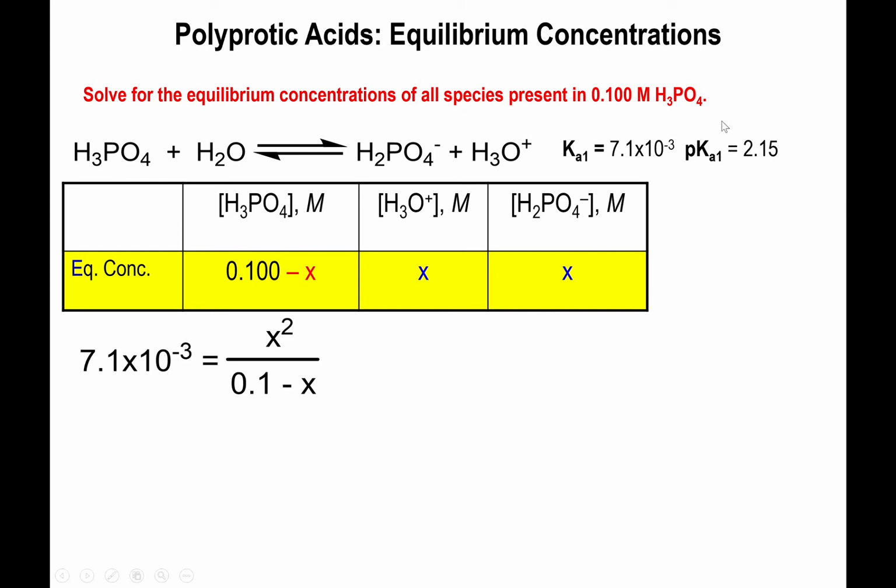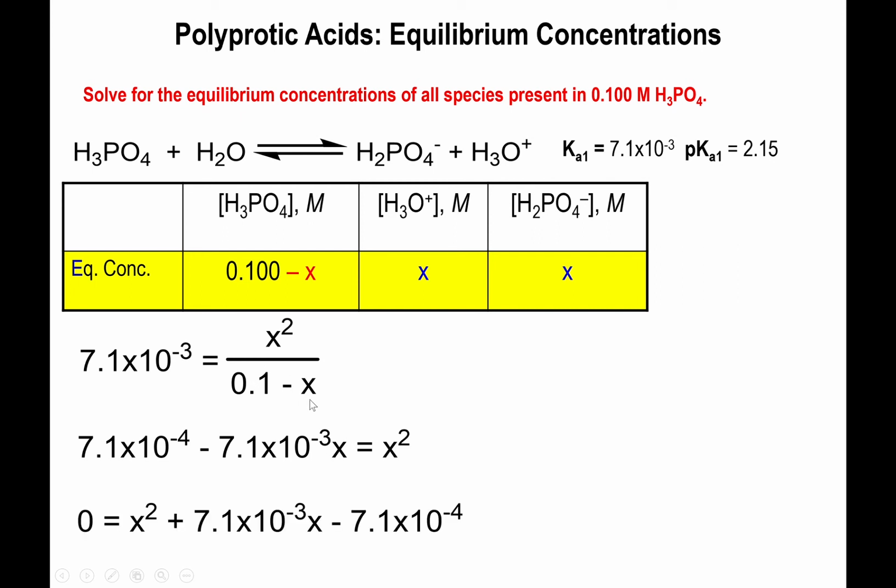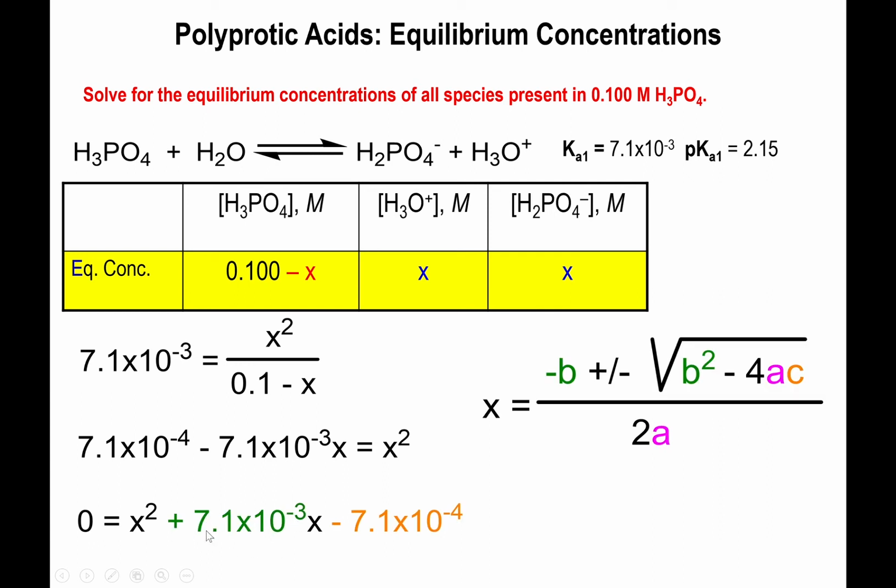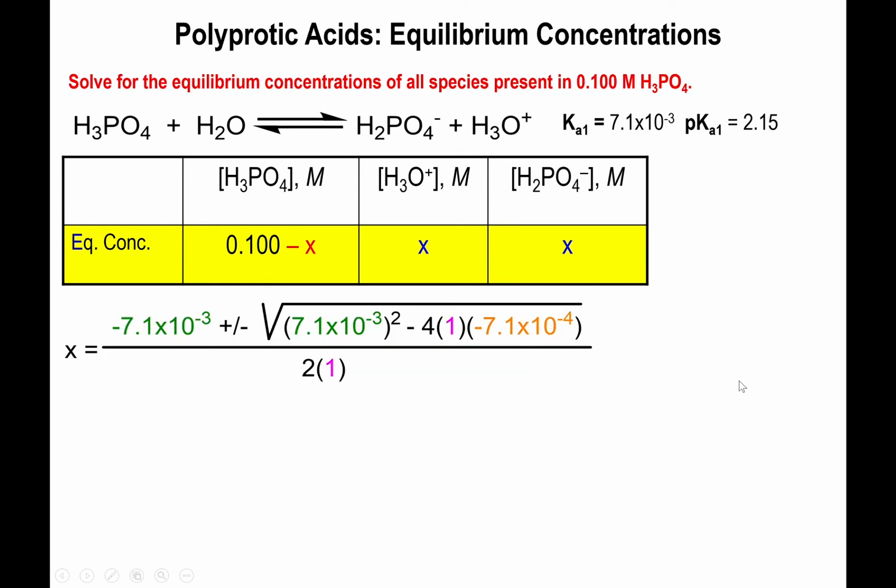Applying this to the Ka value of 7.1 times 10 to the negative 3, x squared divided by 0.1 minus x. Here, 0.1 divided by 10 to the negative 3 is not going to give you a value greater than 400, so you have to use the quadratic formula, which means that you're going to have to cross multiply by 0.1 minus x, bring everything to the same side, find your b value, your c value, and input all of them into the quadratic formula, right?